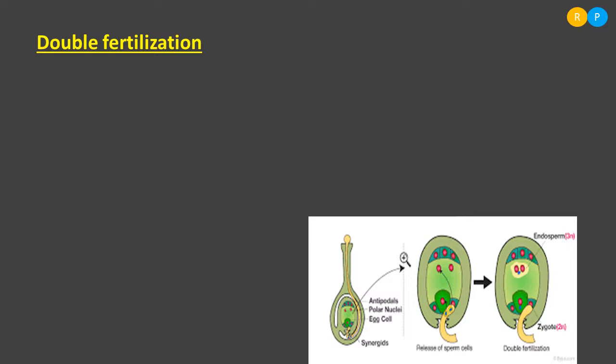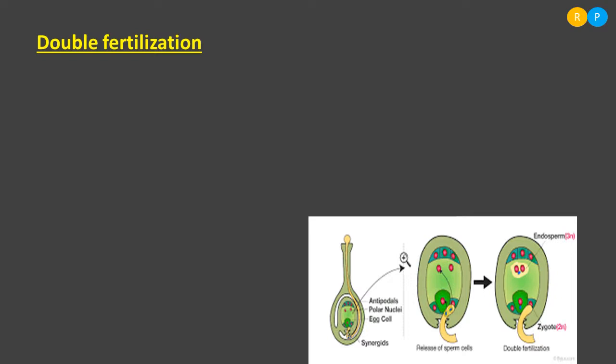All the 3 cells towards the micropylar end are named the egg apparatus. Out of 3, the centrally located cell is the egg gamete. That means the female gamete is present towards the center, and on either side of the egg, synergids are present. Understood?